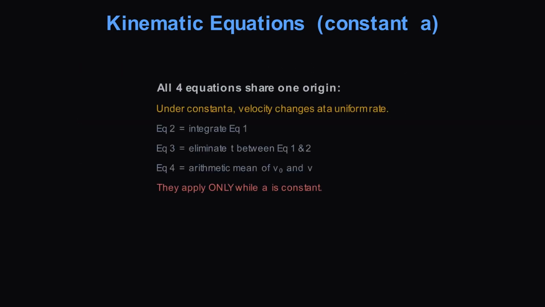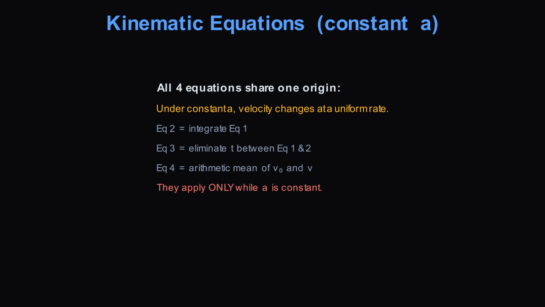A word on derivation. These 4 equations are not independent magic formulas that you memorize separately. Equation 1 is the definition of constant acceleration, rearranged. Equation 2 comes from integrating equation 1.